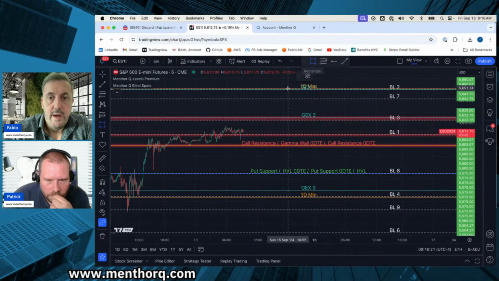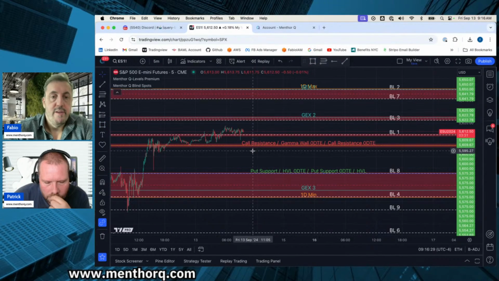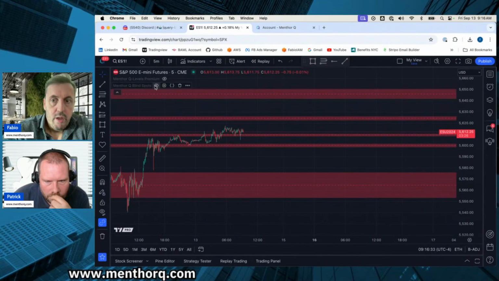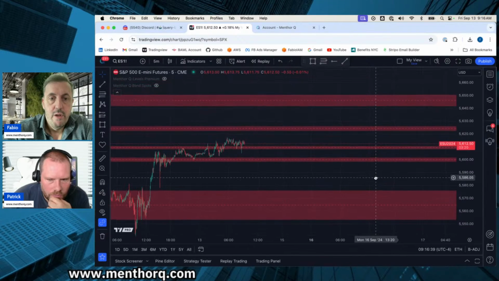Then we can look at this area around here as well, and then we have obviously our put support area right here. So if we take this out, this could be a simple chart that we can use for today on ES.